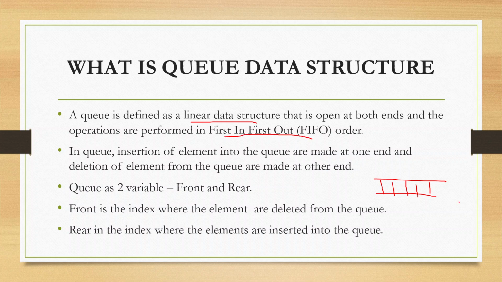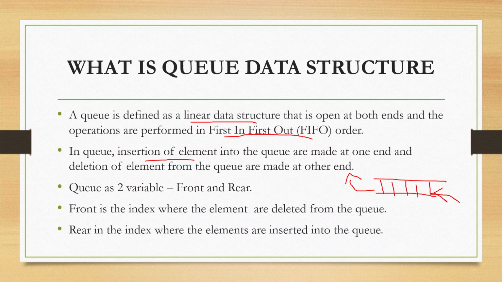That is, those who enter the queue first are going to go out first. Entering happens at one end and removing happens at the other end. In a queue, insertion of elements is made at one end and deletion is made at the other end.